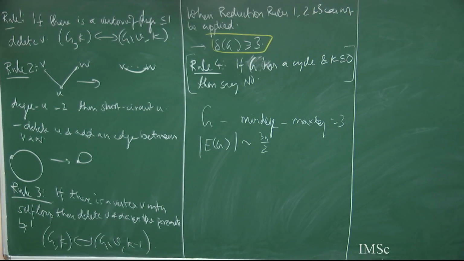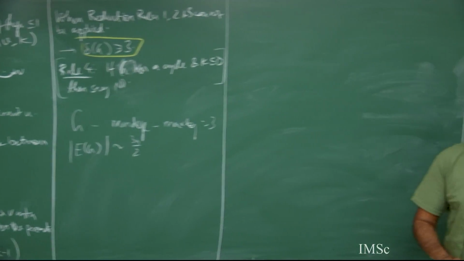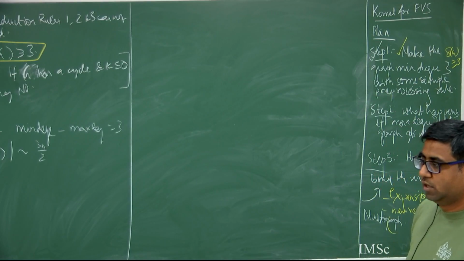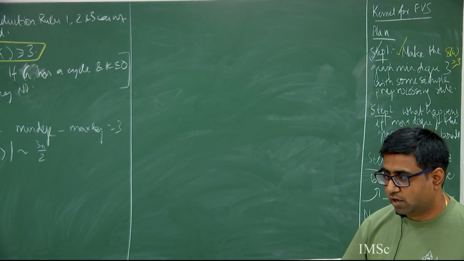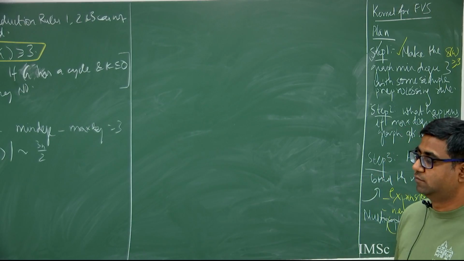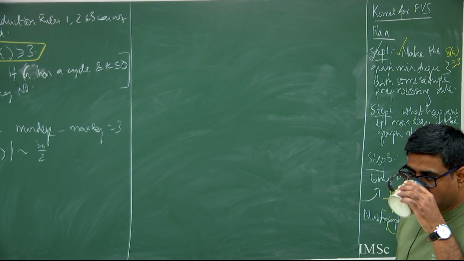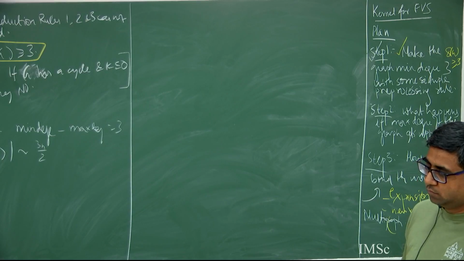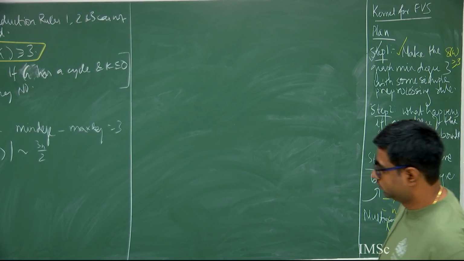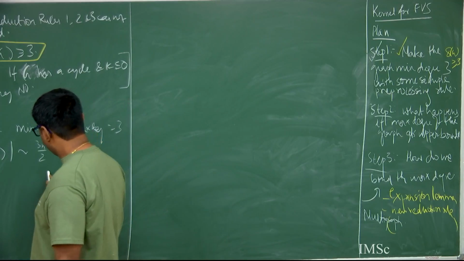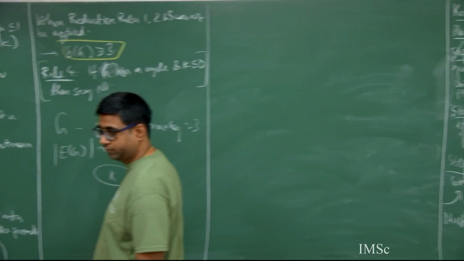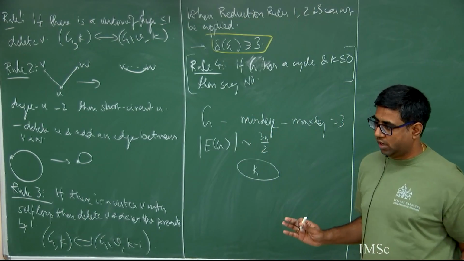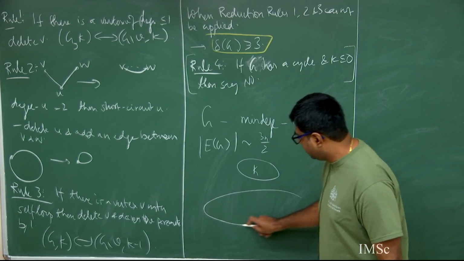Now imagine that after you have deleted a feedback vertex set, how many edges are left in the graph? After I delete the feedback vertex set from the graph, how many edges can at most be left? Suppose I had a feedback vertex set of size k and I delete this, what is the upper bound on the number of edges in the remaining graph?